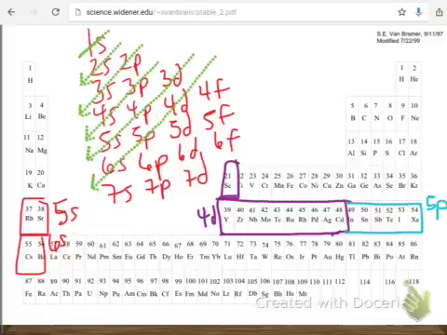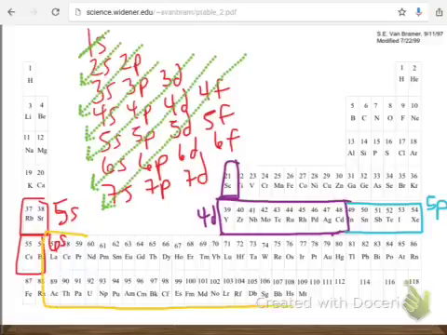Now, what fills after 6S? 4F. That makes sense now? Okay. And I'm going to pick a really crazy, wild, obnoxious color for our last little group here.